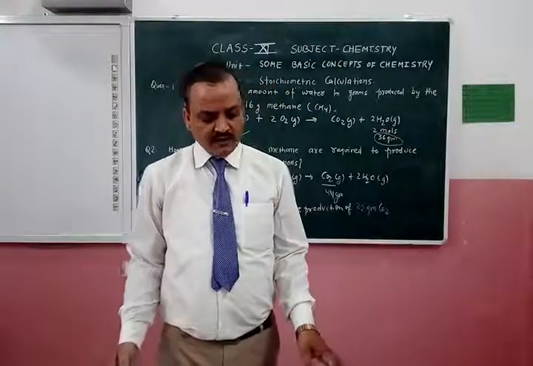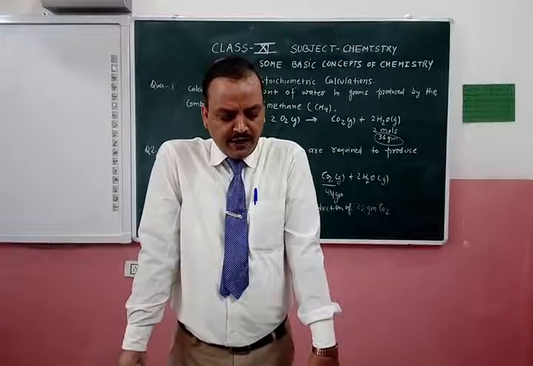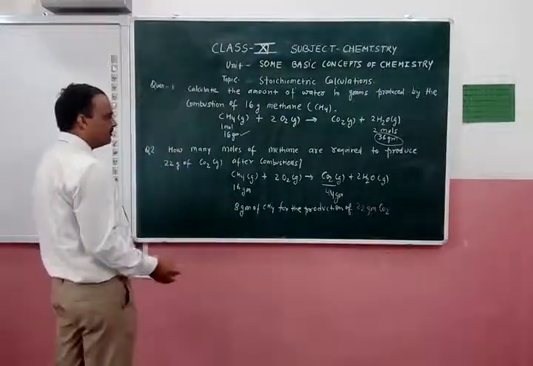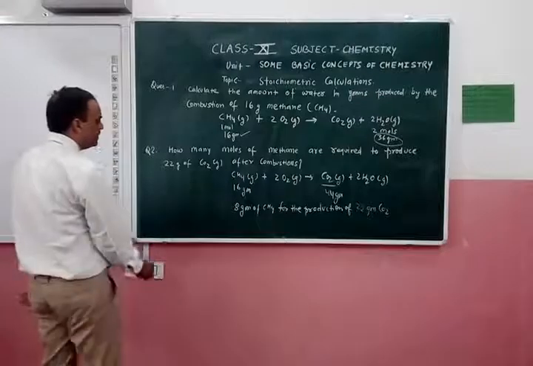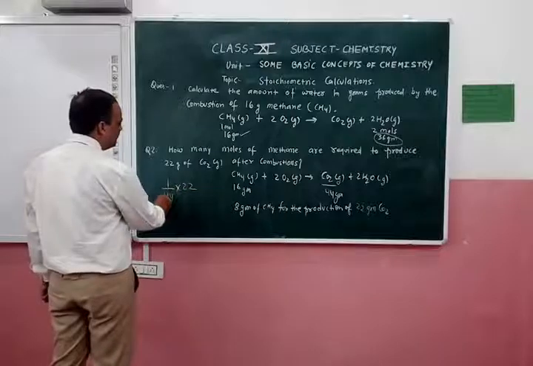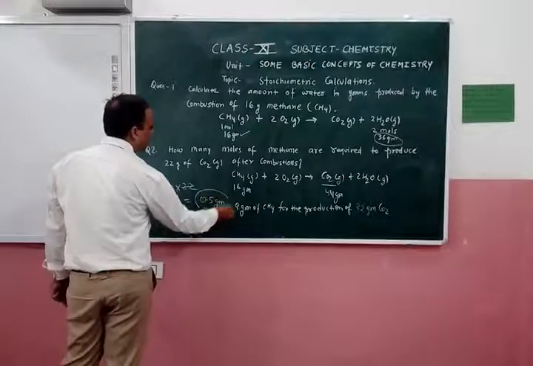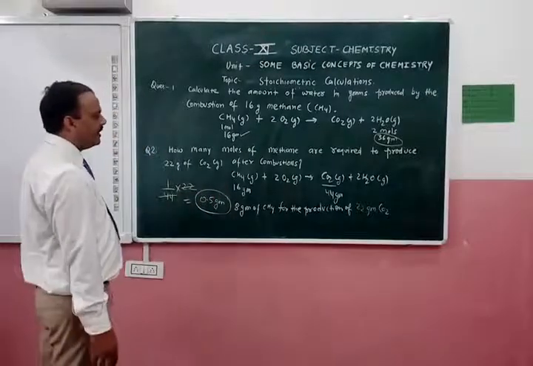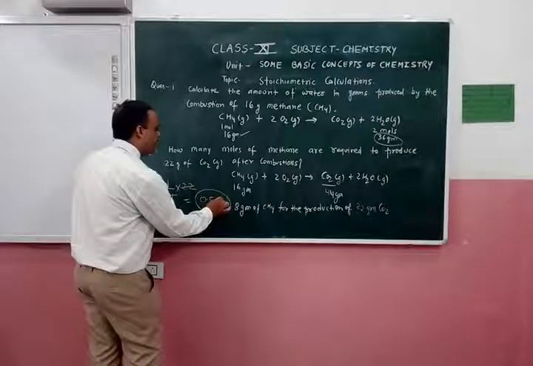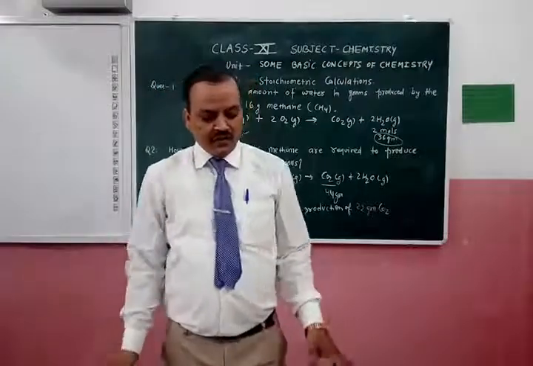And if we have to find this quantity in moles, then how many moles do we get? 1 by 44 multiplied by 22, and that is 0.5 moles. 0.5 mole quantity we have in the answer of this question.